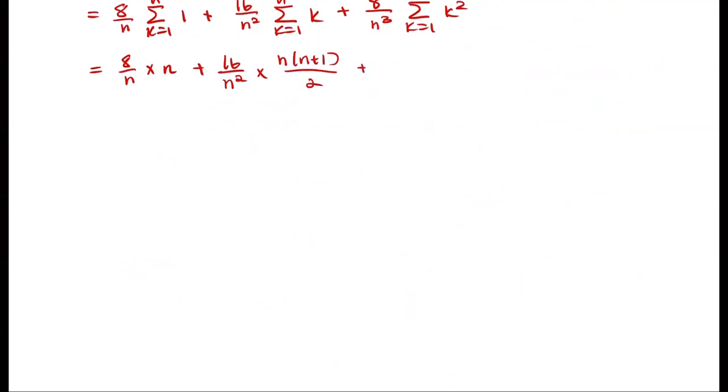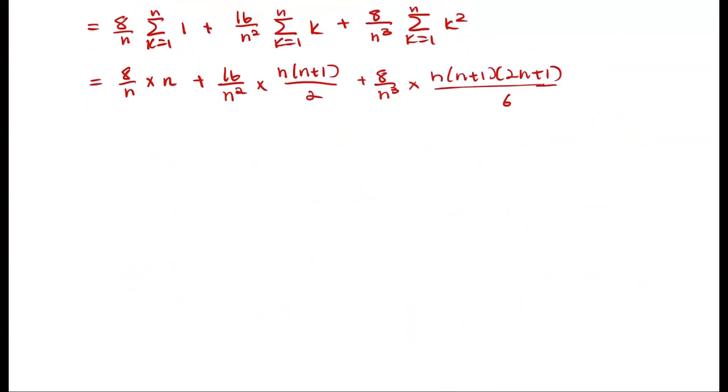And then we have 8 divided by n cubed, multiplied by n times n plus 1 times 2n plus 1, all divided by 6. Well, that means here the 8 will cancel out. The n's here will cancel out, so we get 8.